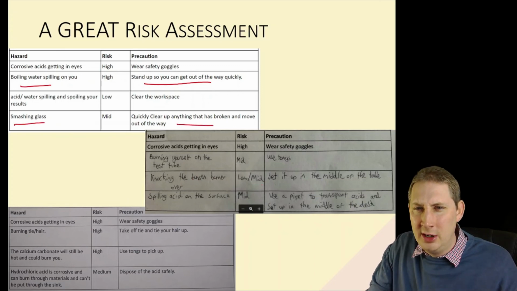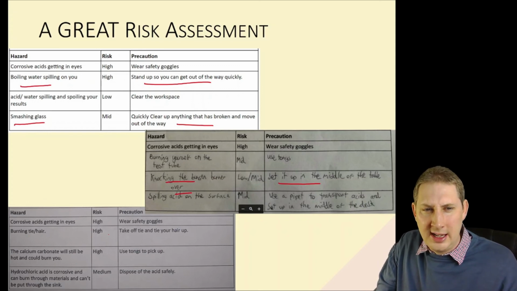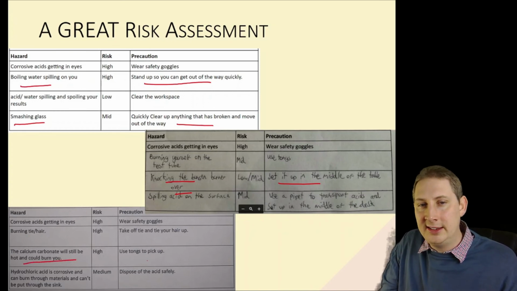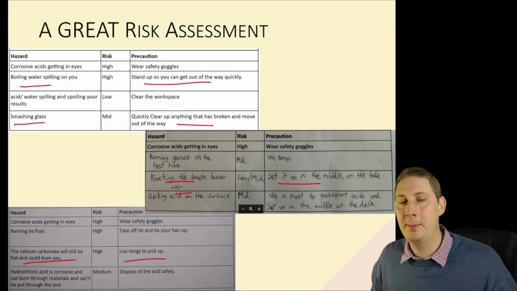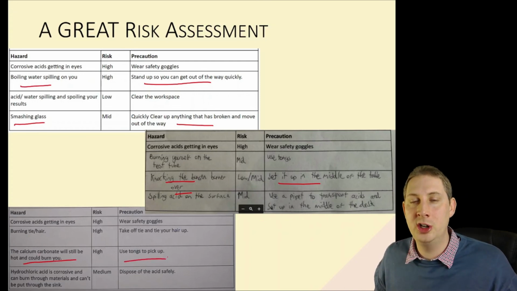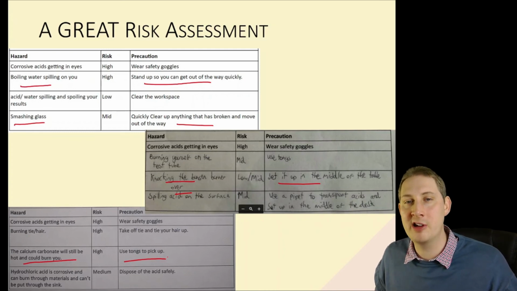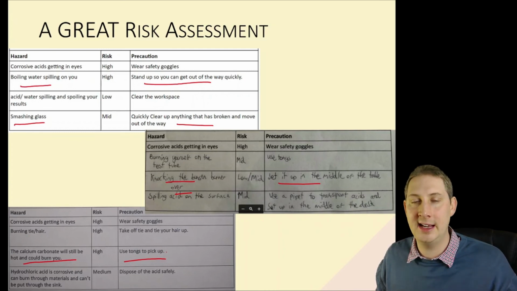Knocking the Bunsen over, set it up in the middle of the desk. Hot calcium carbonate could still be hot and could burn you. This was the person who thought that they were going to heat it and release the carbon dioxide, used tongs to pick up the tubes. These are sensible precautions. Just make sure they are appropriate for your investigation.